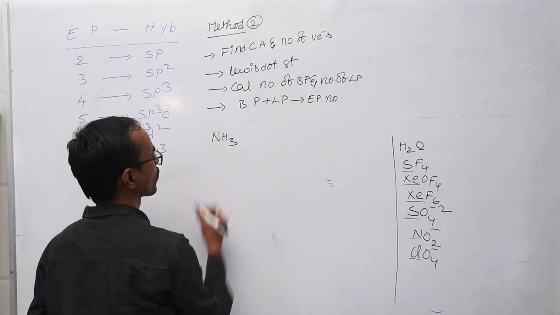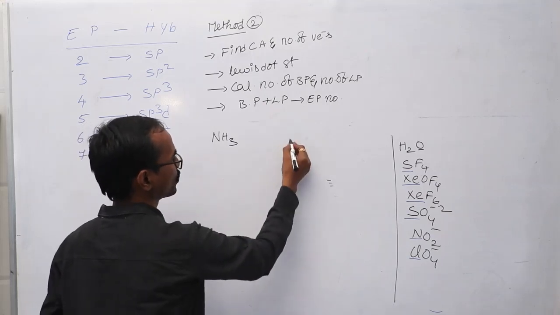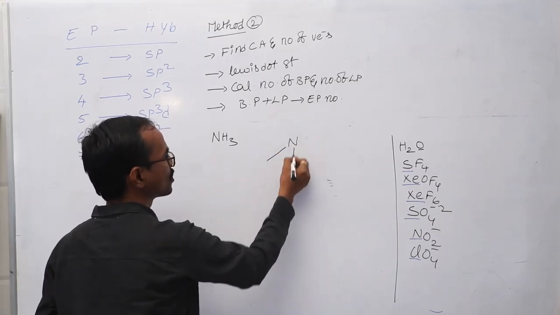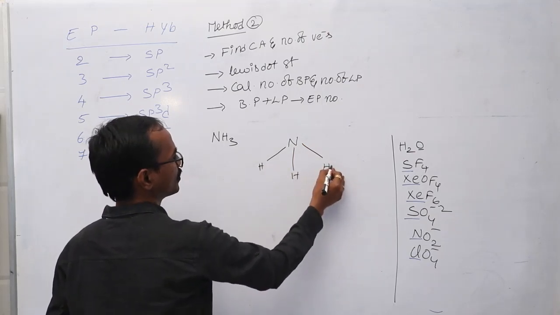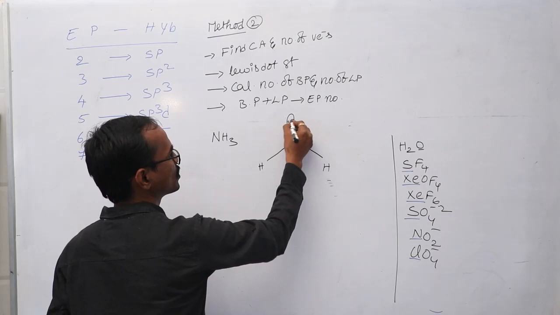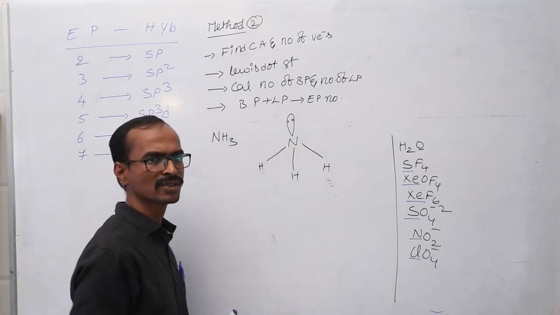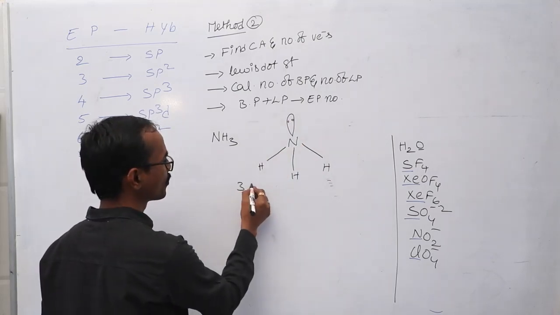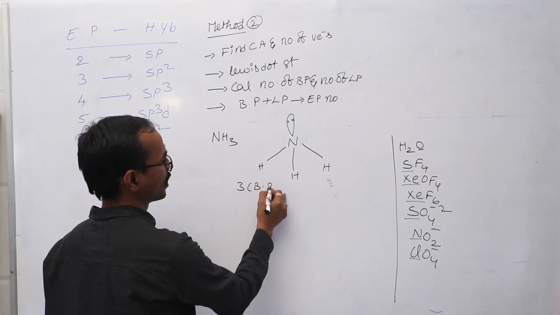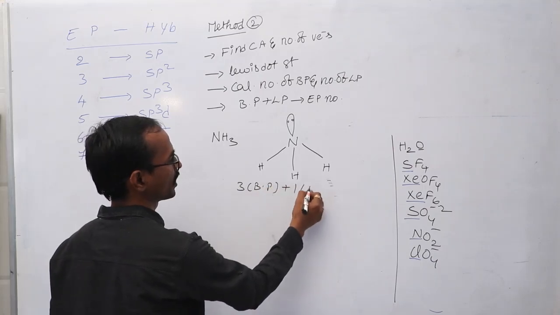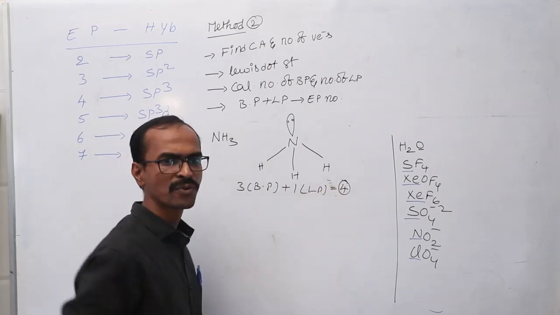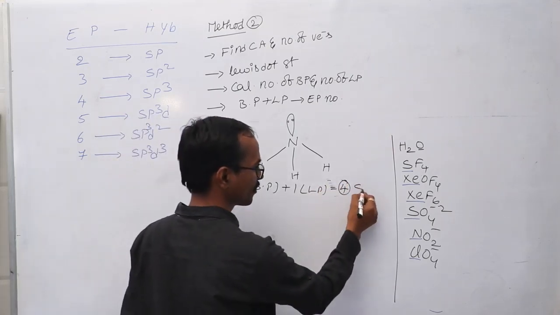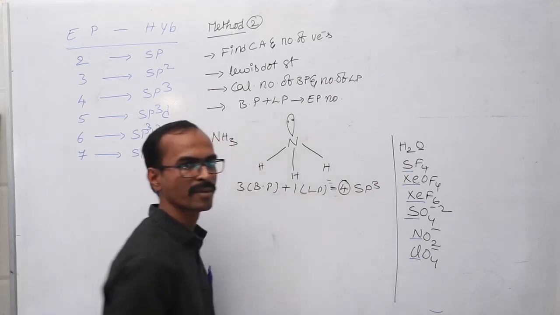Ammonia. Central atom is nitrogen and its Lewis dot structure will be like this. So merely by looking at the structure you can say it is having 3 bond pairs and 1 lone pair. So the electron pair number will be 4 and its hybridization will be sp3 hybridization.